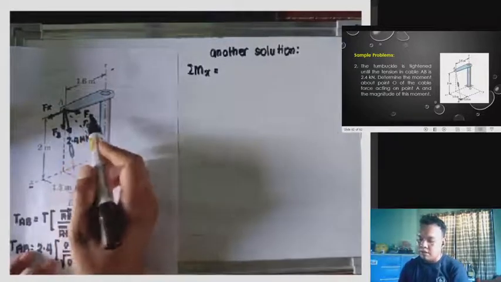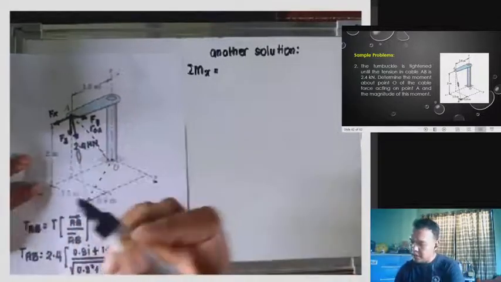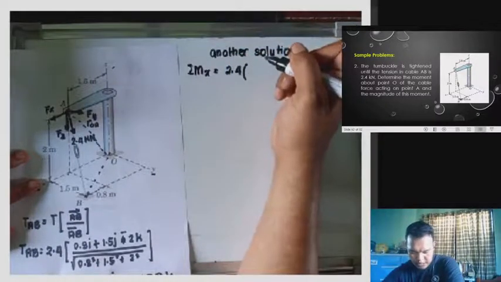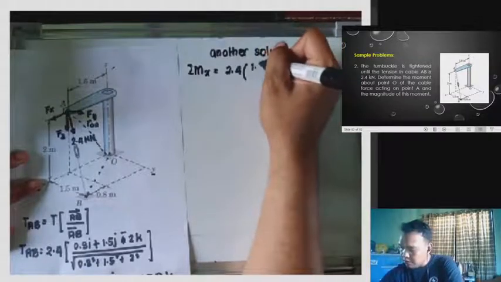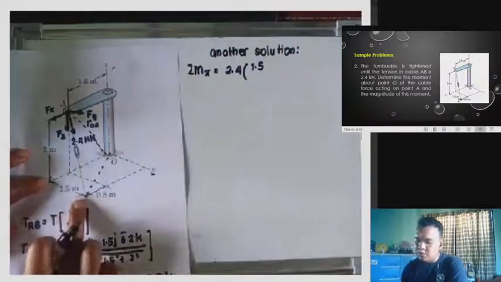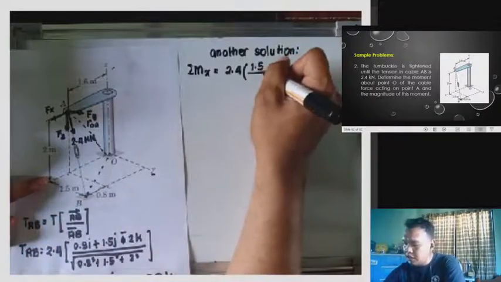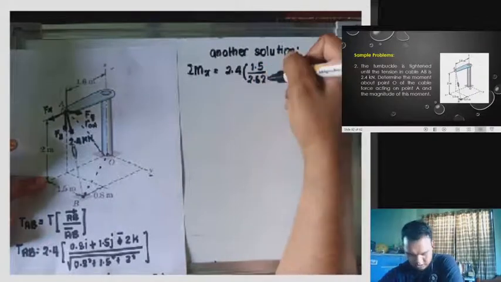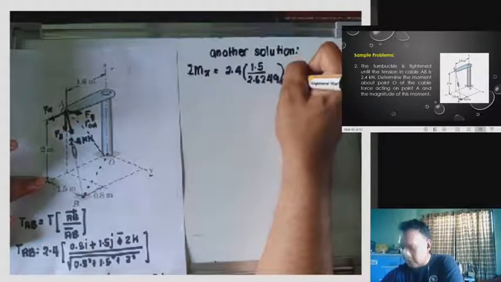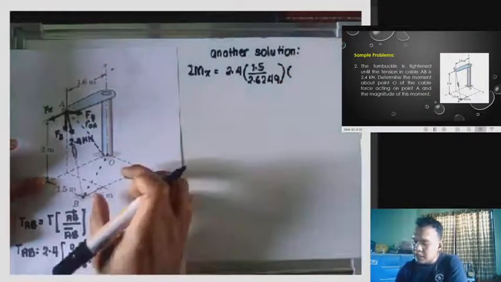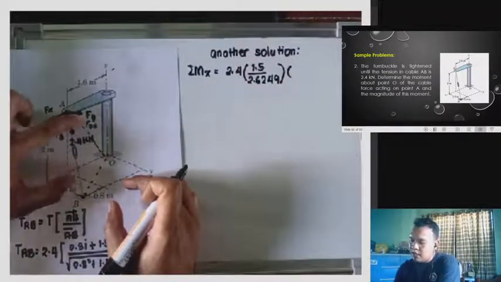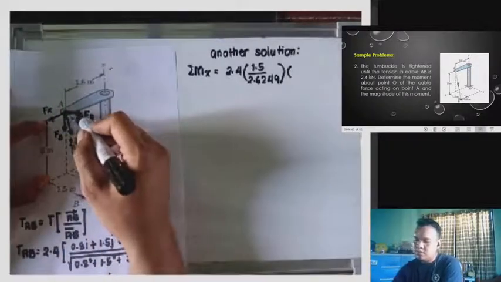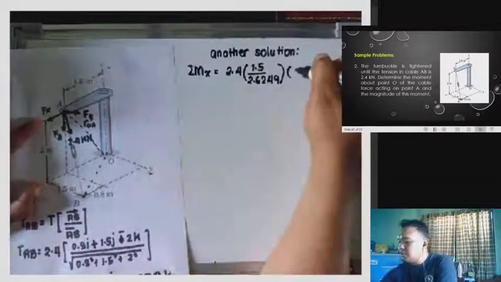To get the value of fy, so we have here 2.4 t times yung fy natin, which is 1.5 all over 2.6249 times perpendicular distance, which is, kung ito yung fy natin, papunta sa x-axis, may perpendicular distance ako na 2. Ito. Fy, papunta doon, may 2 akong distance, times 2.